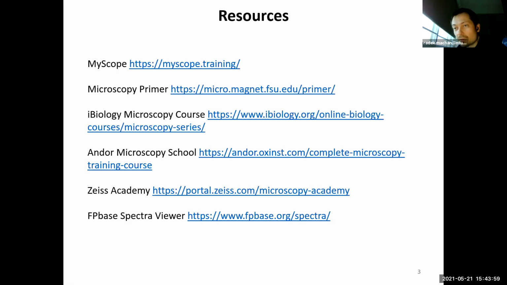Of course, there are also other databases. I just mentioned this one because this is probably my favorite one. So if you want to see what is the spectrum of your fluorophore, this is a resource where you can find it. I can show you later some spectra which were taken from this database.